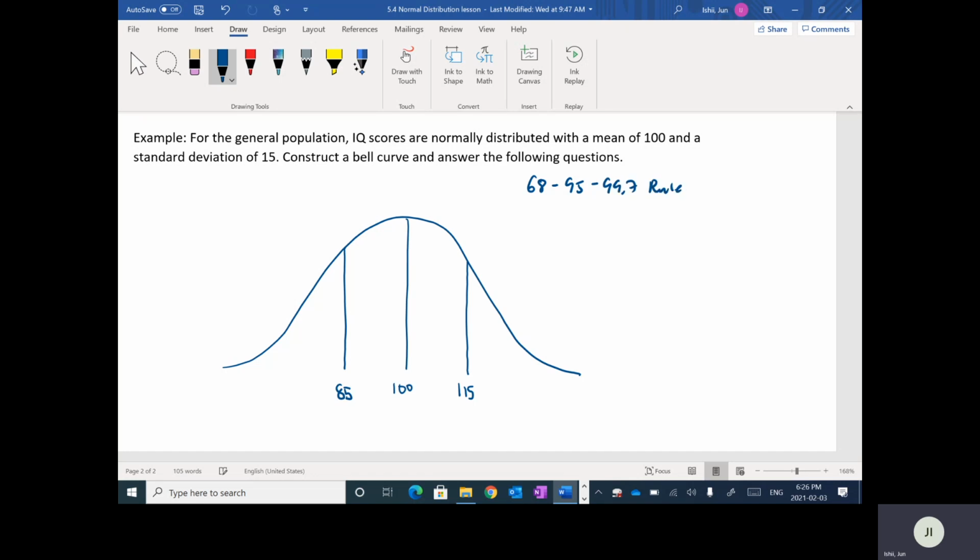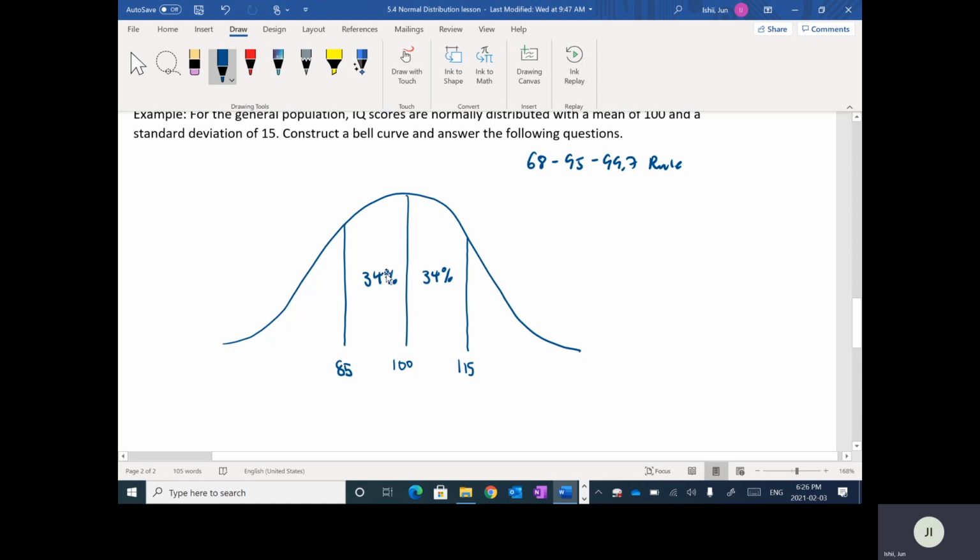So if it's 68% total between these 2 sections, that means that we have 34% on this side, as well as 34% on this side. This again is an approximation, a general rule. So within 1 standard deviation of the mean on both ends, it's 68% total, which means it's going to be 34 and 34.